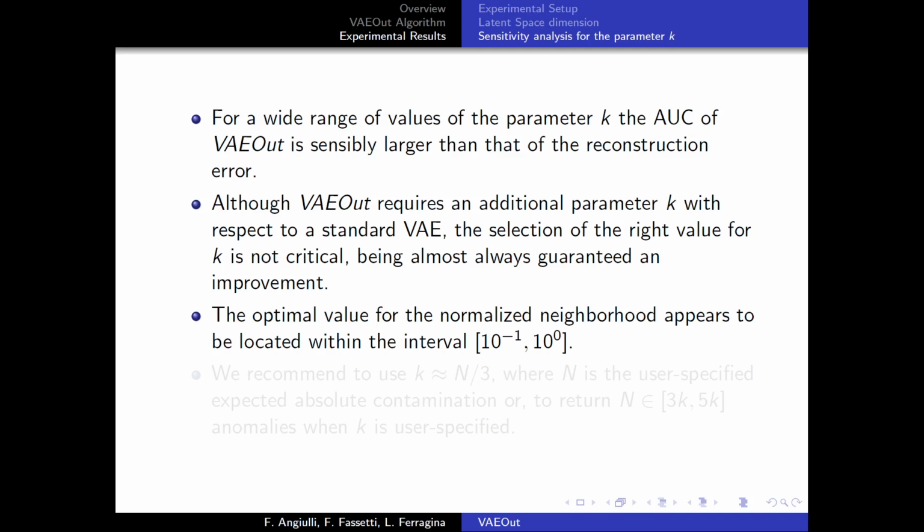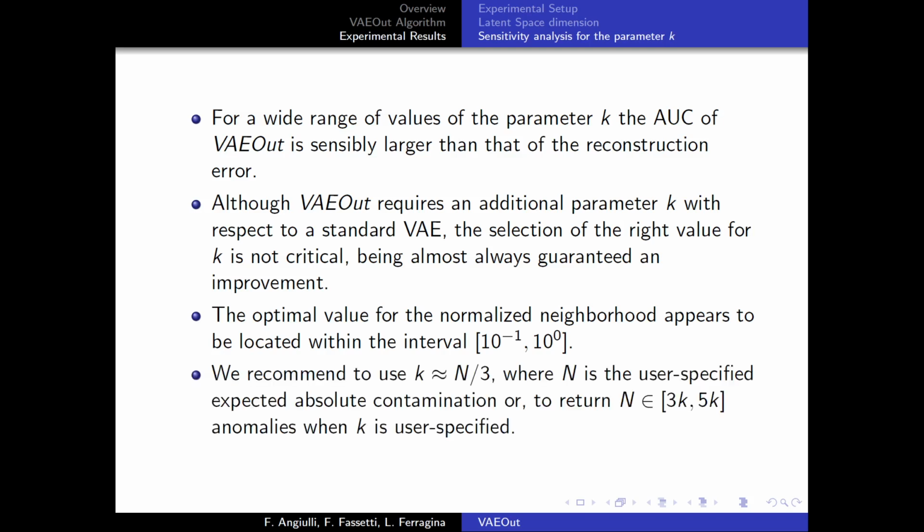The optimal value for normalized neighborhood, k divided by c, appears to be located within the interval 0.1, 1. Because of this, we recommend to use k equal to n divided by 3, where n is the user-specified expected absolute contamination, or, to return n anomalies, where n is user-specified, with k between 3 times n and 5 times n.